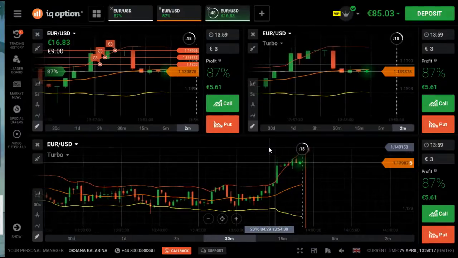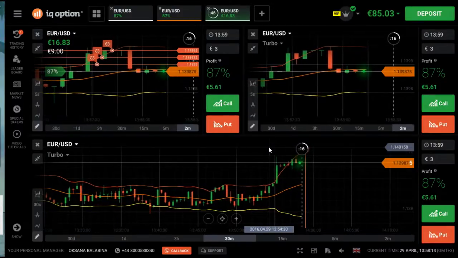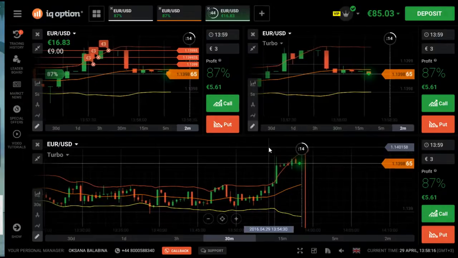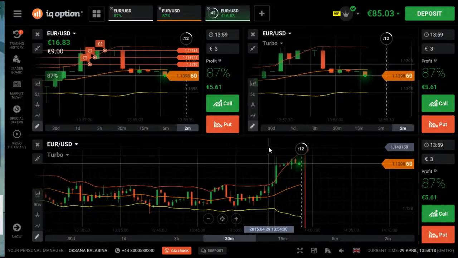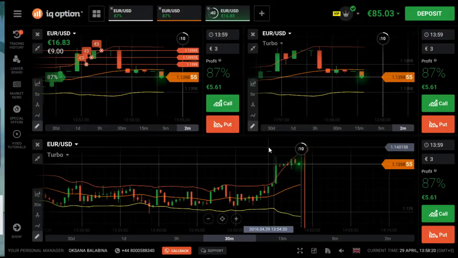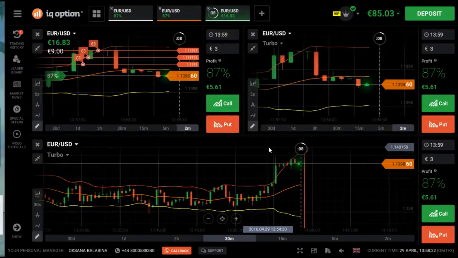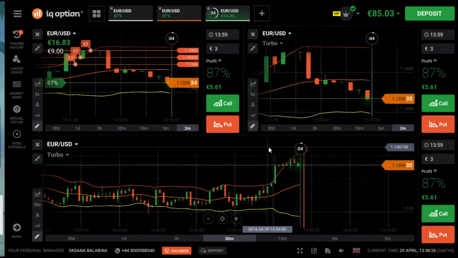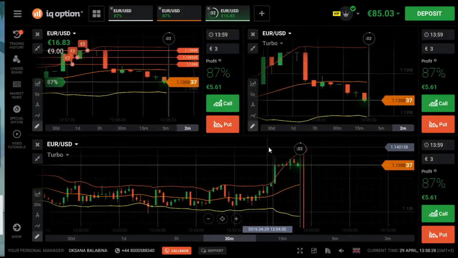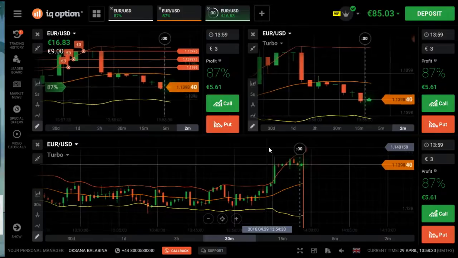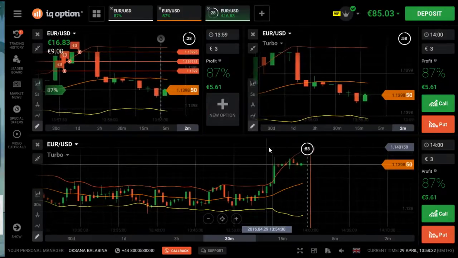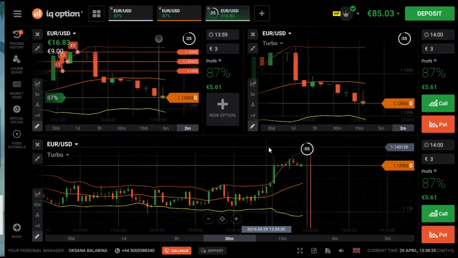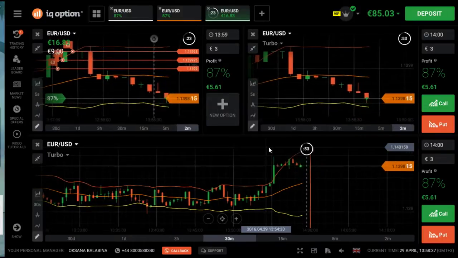So I'm winning on my primary window, and still the balance is okay. It's within a good range.